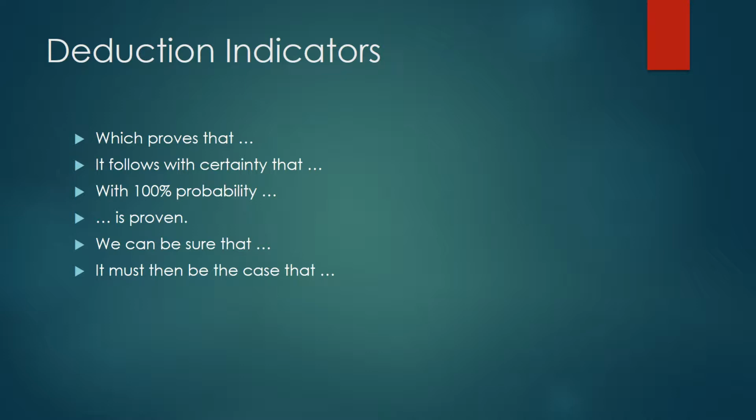If she says something like, which proves that, it follows with certainty that, with 100% probability, if they say something is proven, or we can be sure that, or it must then be the case that, then it's probably the case that the person believes she's offering a deductive argument. Notice that these deduction indicators are, for the most part, also conclusion indicators.